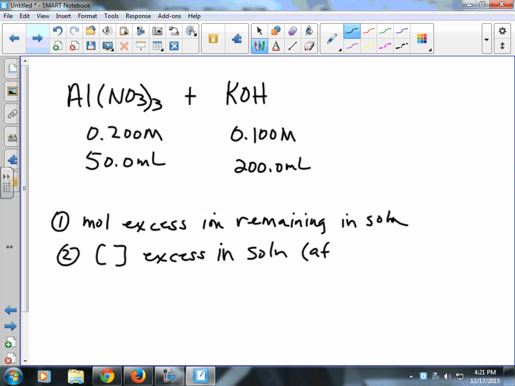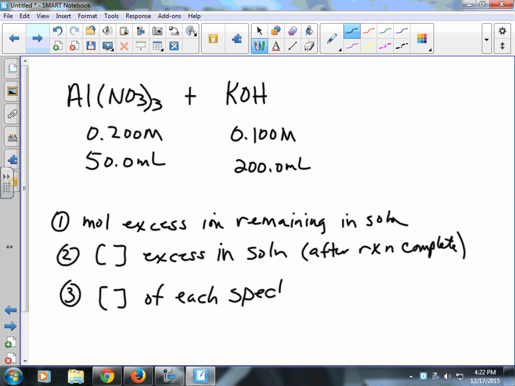That means after the reaction is complete. And the concentration of each spectator ion in solution.